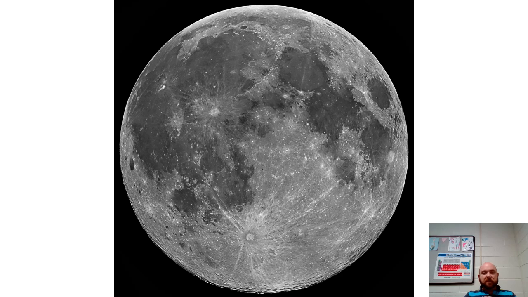One of the things that the astronauts did while they were on the moon is they placed a mirror for us to shine a laser beam up and reflect off, and detect the returning laser beam to measure just how far away from the moon we are and whether that distance is changing.